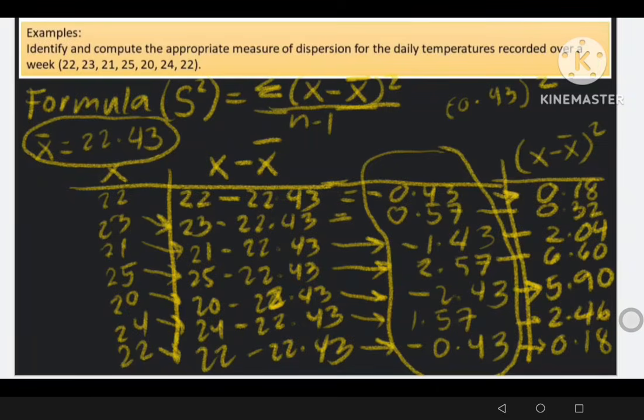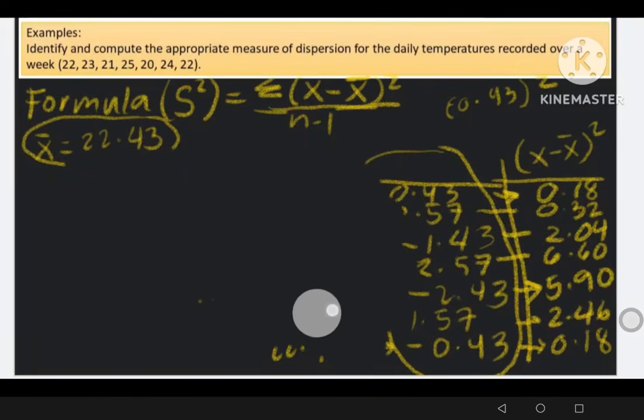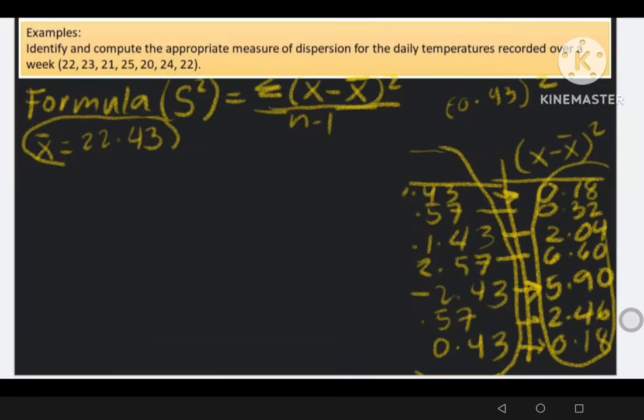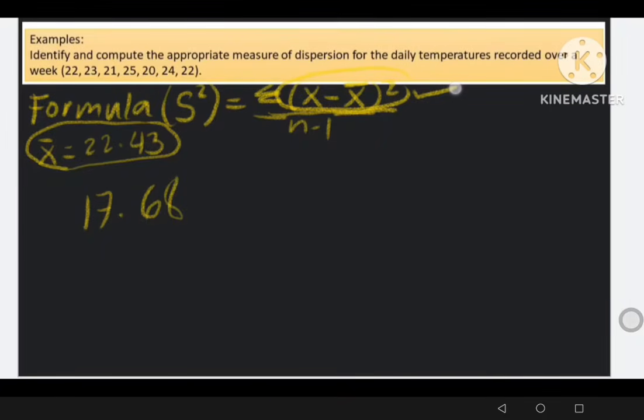That's 1, 2, 3, 4, 5, 6, 7 values. So after adding up all the x minus x bar squared results, we have 17.68. The result in x minus x bar squared is 17.68.